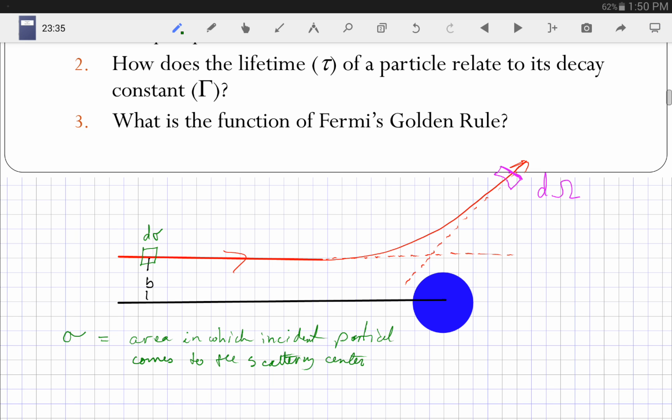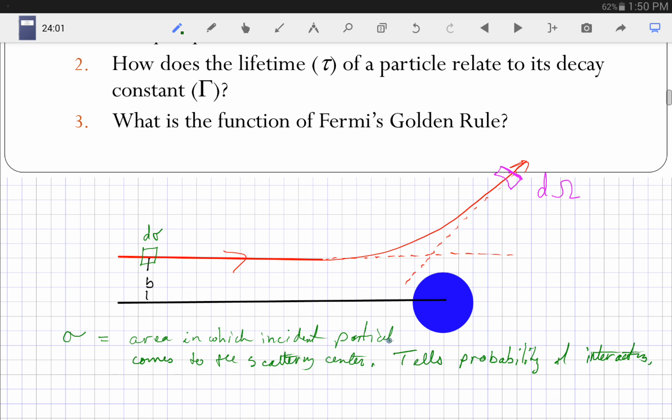So when I have d sigma, that's some small amount of area that it's coming through. When I have sigma by itself, that's adding it all up. And it tells us the probability of interaction. So that's its usefulness.